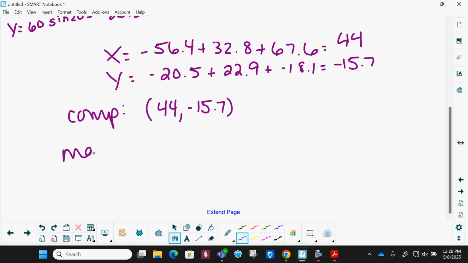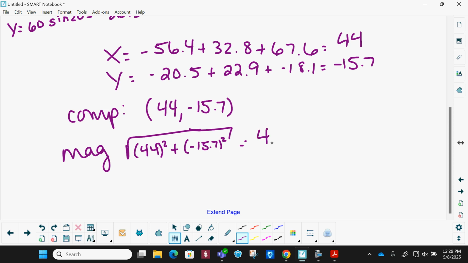So find our magnitude. It's like what we did earlier. 44 squared plus a negative 15.7 squared. Do not forget that parentheses. And our magnitude is 46.7.